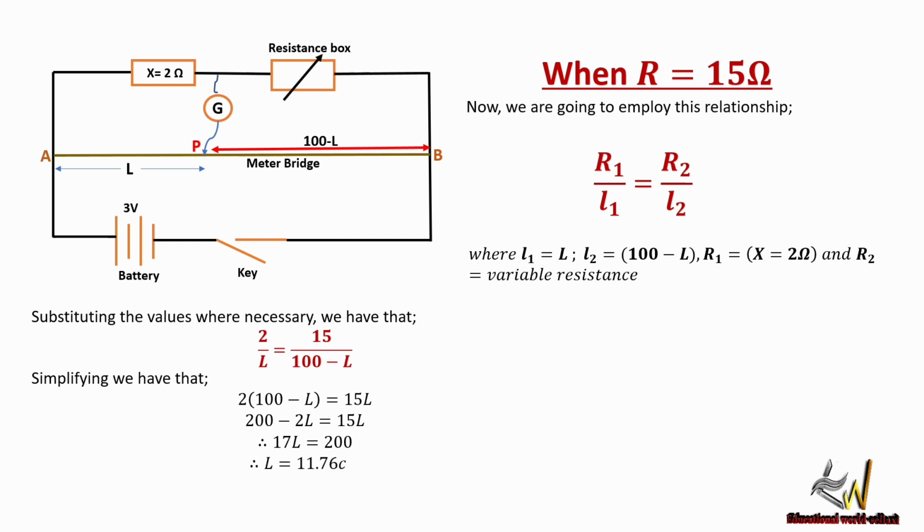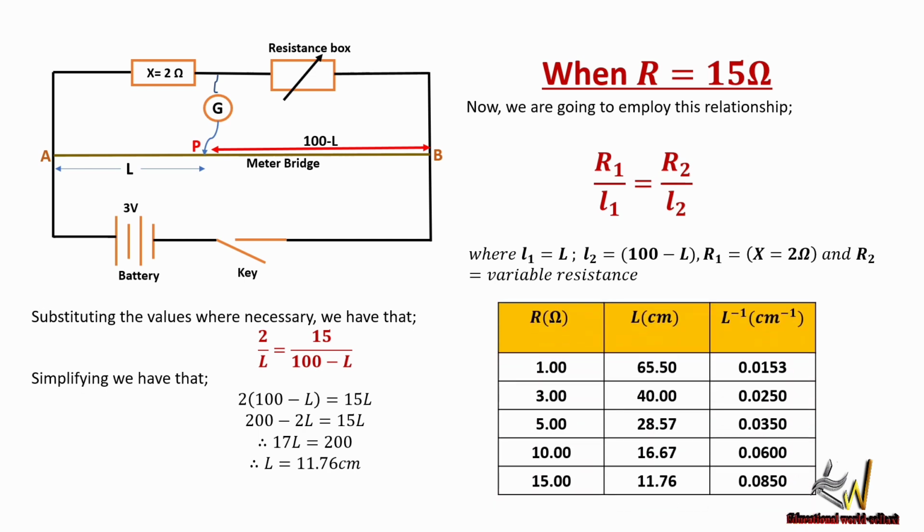Therefore L is equal to 11.76 centimeters. Now we move over to our table of values, and computing it, we have that when R is equal to 15 ohms, L is equal to 11.76 centimeters, and the inverse of L is equal to 0.085 per centimeter.